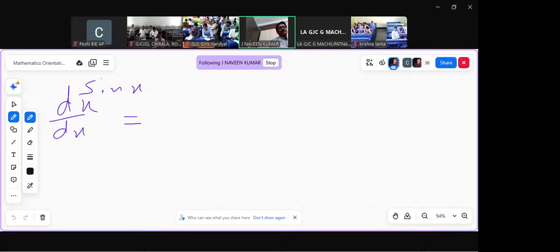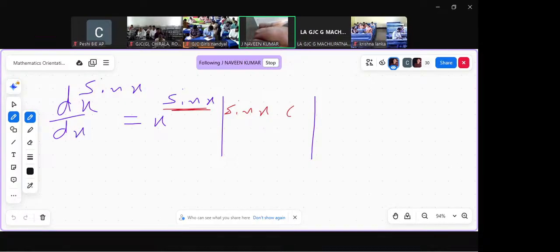So previously what I taught, the logarithmic differentiation answer: the first term is the question itself. So you can write x to the power of sin x at first. Then the derivative of the power, sin x, which is cos x.